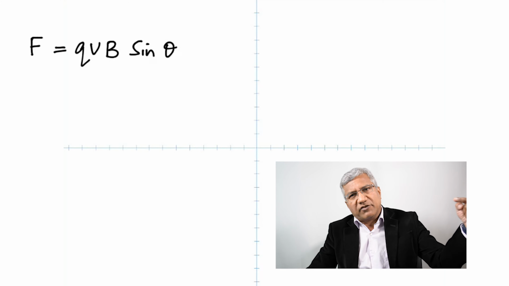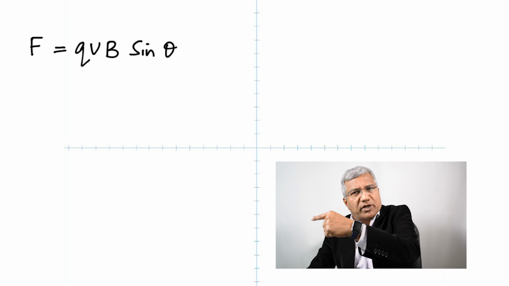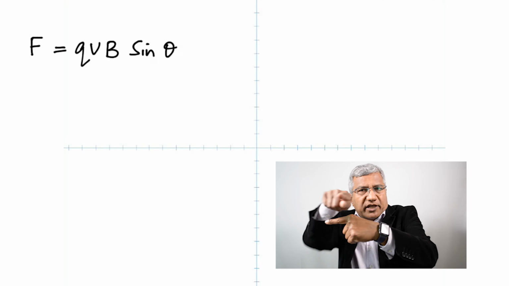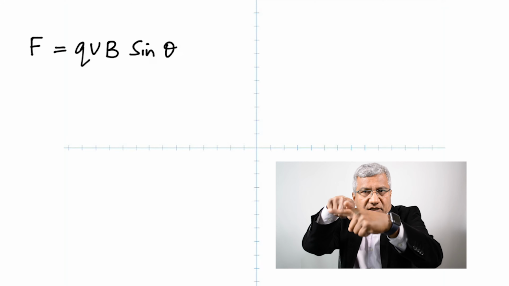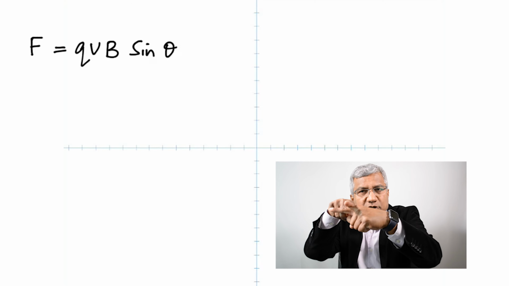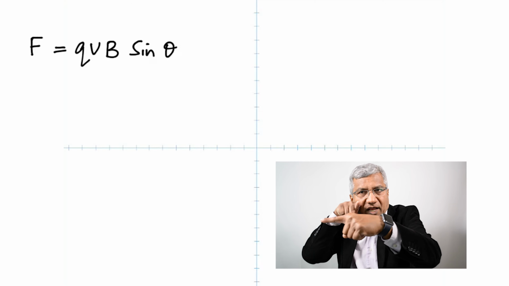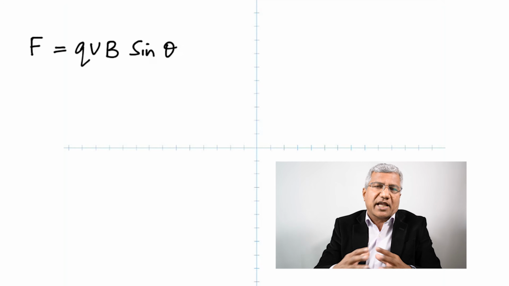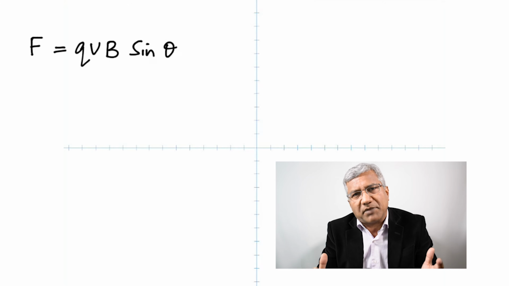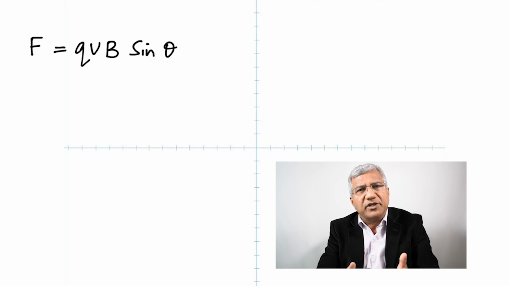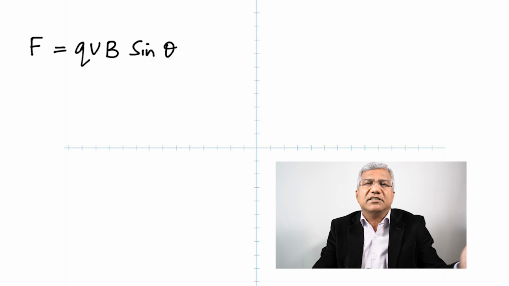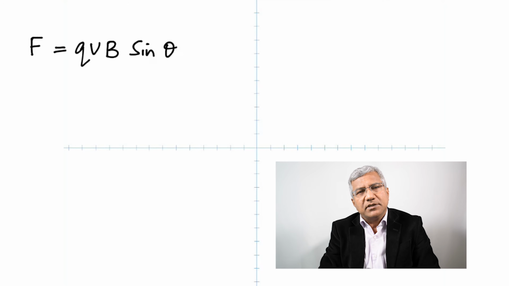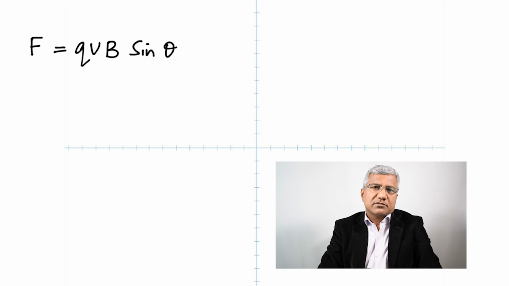So again, if the magnetic field is from my left to right, but the particle is going away from me towards the screen, you see, the angle is 90 between the magnetic field and the velocity. In this case, the maximum force acts on the particle. What is that maximum force? It's going to be QVB. Why? Because sine 90 is 1. Okay? So that's the magnitude of the force.